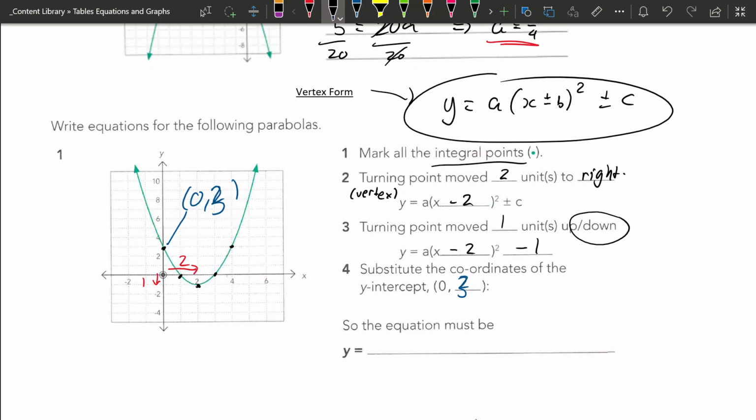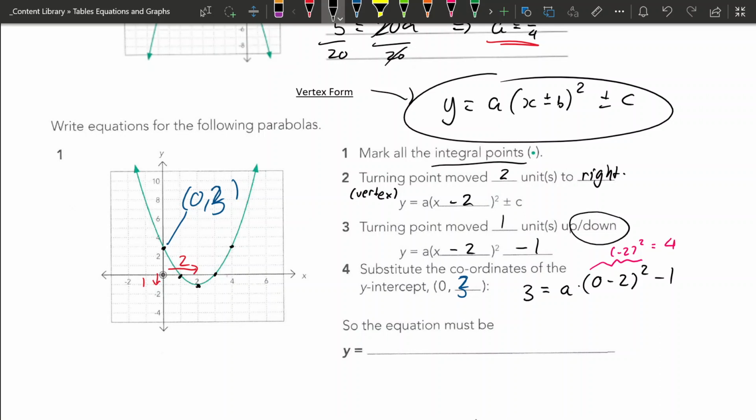So I chuck this point into the equation I have here. So y becomes 3. And a, we leave it alone. X becomes 0. Let's simplify it. So what is 0 minus 2 squared? That's the same as minus 2 squared, which is minus 2 times minus 2, which is 4.